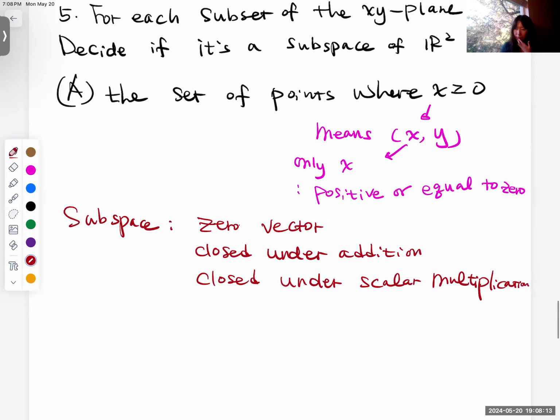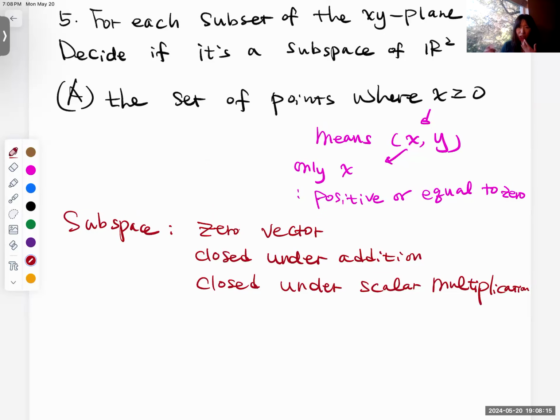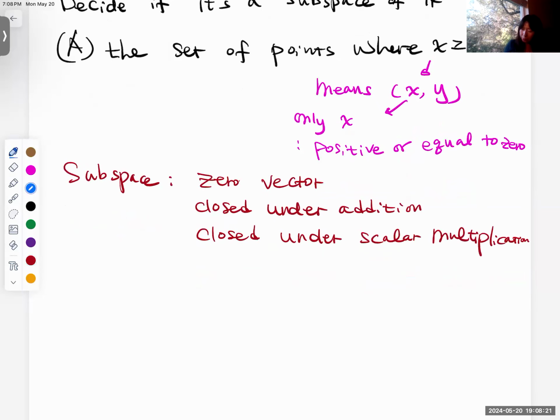Okay, so check it out. First one. So we know 0, 0 is in R2, right? Yeah.